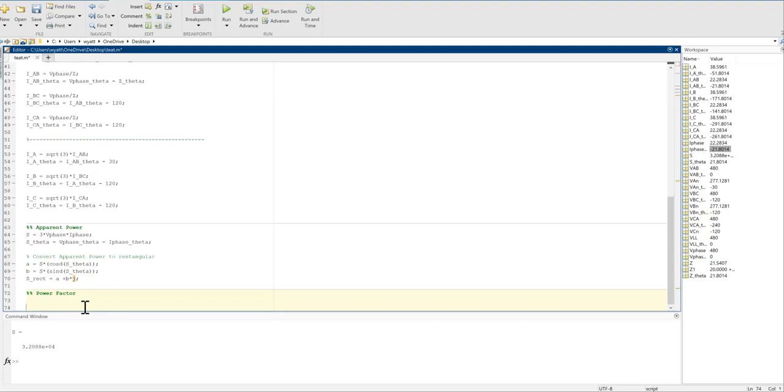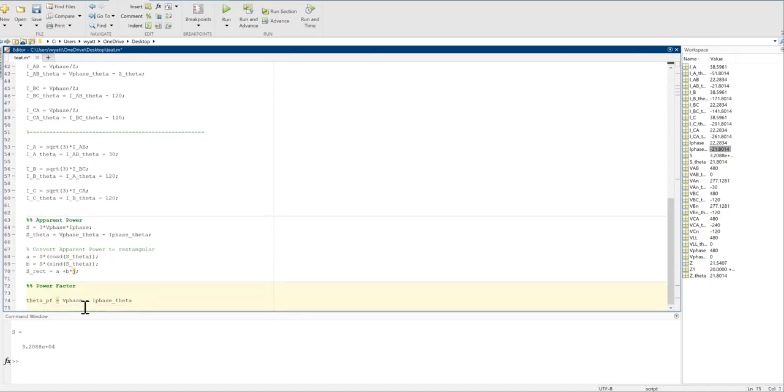The theta of our power factor is going to be equal to V phase theta minus I phase theta. And that'll give us our power factor angle. So power factor is now going to be the cosine in degrees of theta power factor. And that should give us our value at the end.